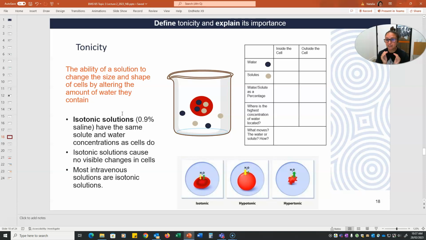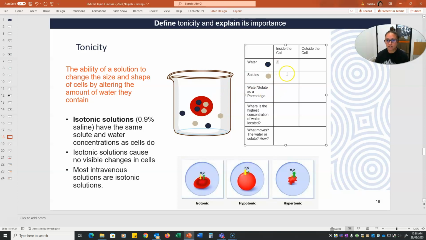Right, so let's have a look at this example. It's very methodical, the way that I do it, but you guys might come up with a different way of doing it. It's up to you. So this is my beaker, and here is my red blood cell. How many water molecules are in there? I can see I've got 2.